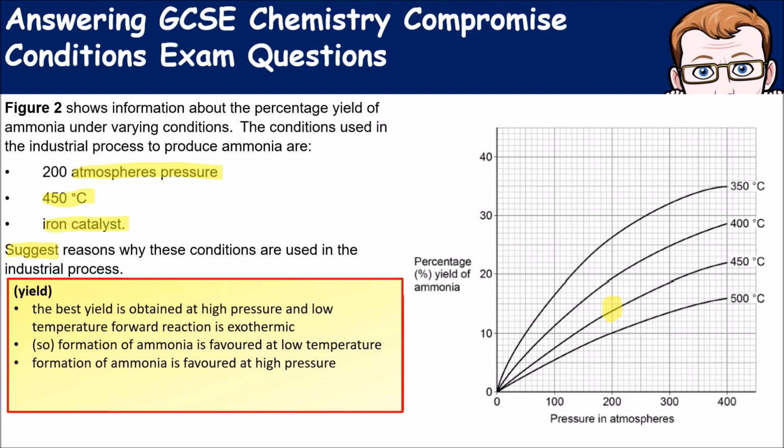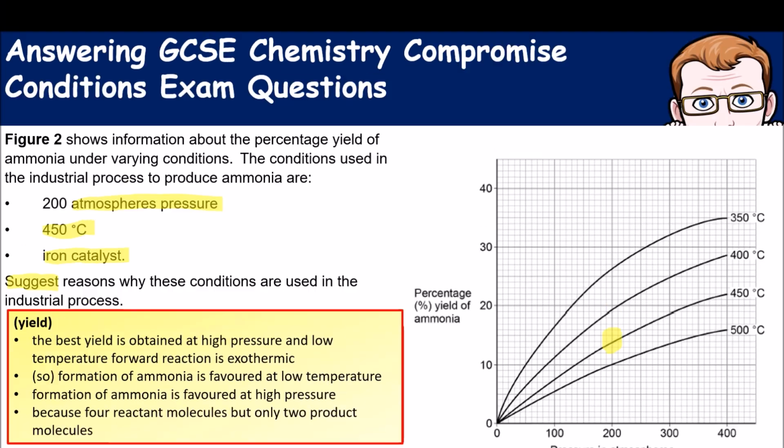It is also favoured at high pressures, because if you think back to the reaction, we've got 4 reactant molecules but only 2 product molecules. So increasing the pressure is going to force it in the direction of the products.